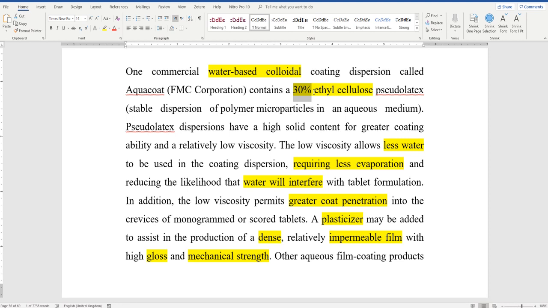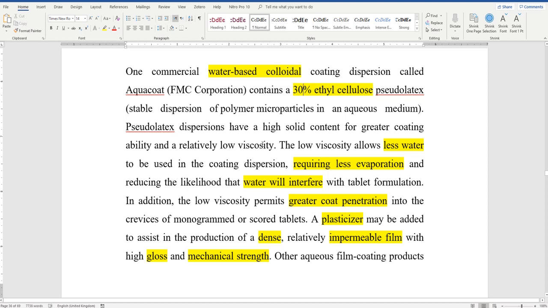Okay, of course it's large, but the concentration of ethyl cellulose is very large in this preparation. This means that you need less time to do the evaporation. The other good thing about this preparation, even though it has high concentration of ethyl cellulose, the viscosity is low.